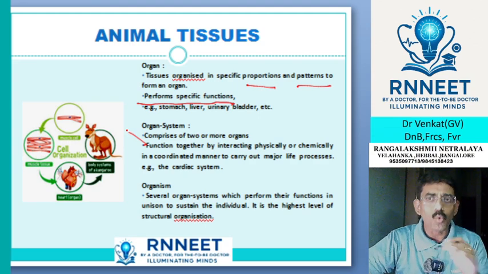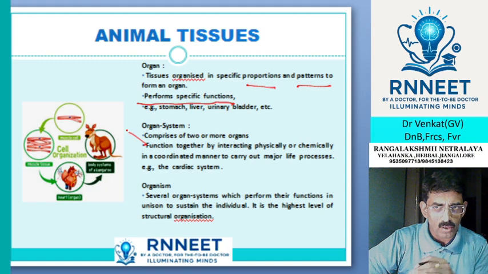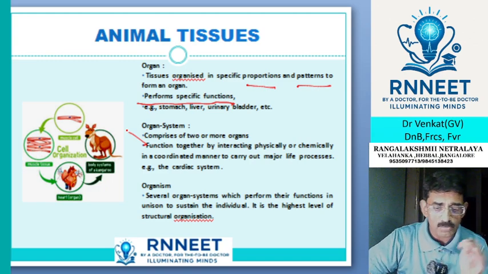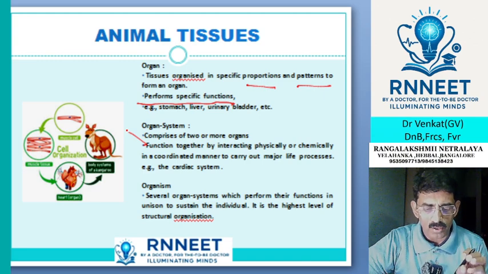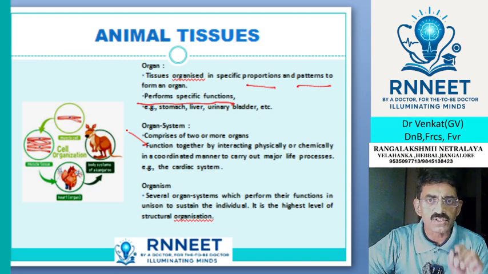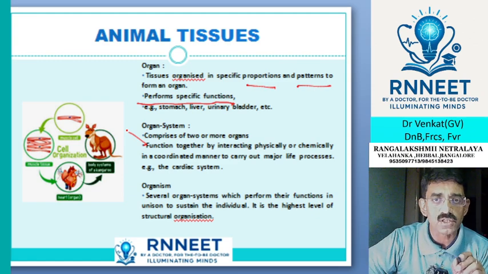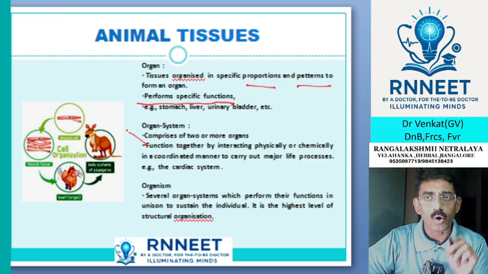So these two keep working together in a coordinated manner, and they are governed by a specific signal. So even two organs, when they come together, interacting physically, chemically in a coordinated manner to carry out the major life processes, these are called an organ system.